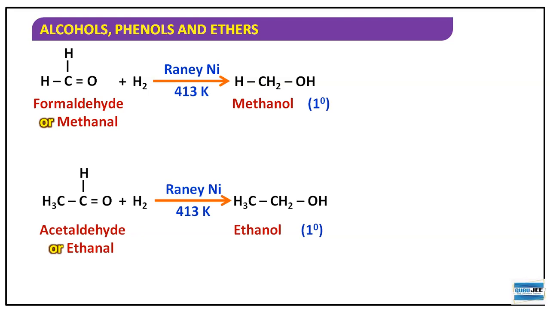Raney nickel is a catalyst that carries hydrogen. Nothing else. Reduction means nascent hydrogen is released. That's all. Nascent hydrogen is released from hydrogen in the presence of Raney nickel, or NaBH4, or lithium aluminium hydride. Those are the common reagents we use.